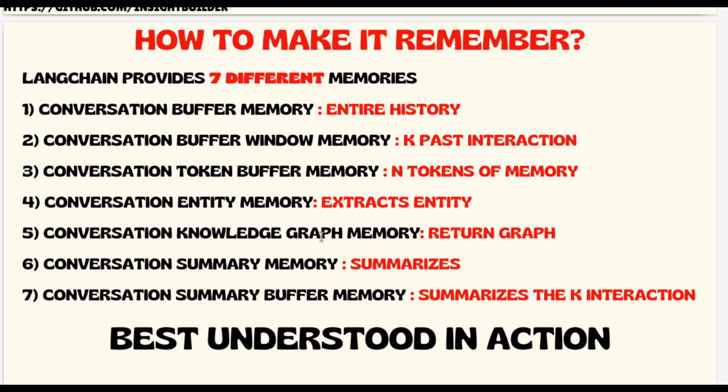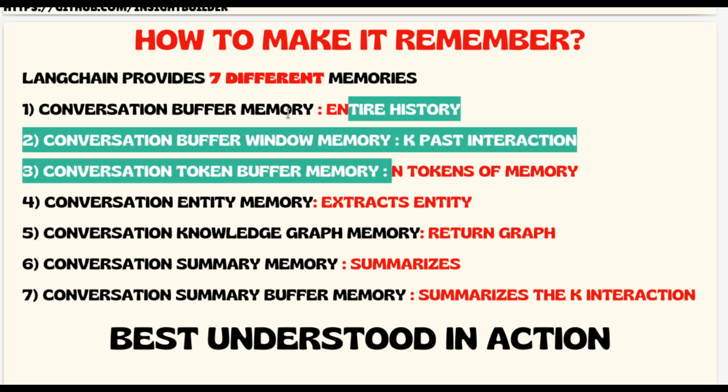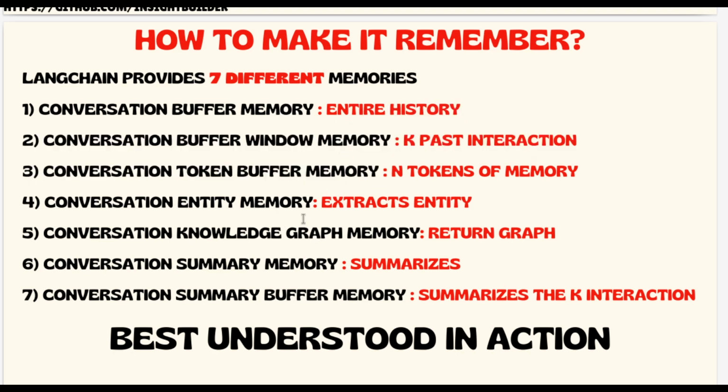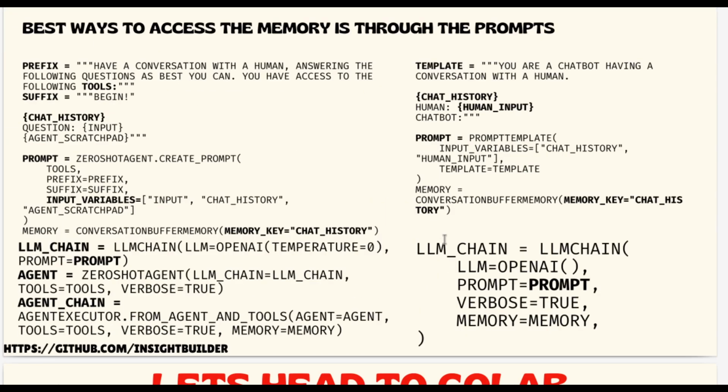In the case of knowledge graph memory also, you will need an LLM. Up to buffer memory alone, you don't need an LLM. Anything that involves summarization, knowledge graph, or entity creation, you will need an LLM associated with it. And all these memories can be included in chains and agents.